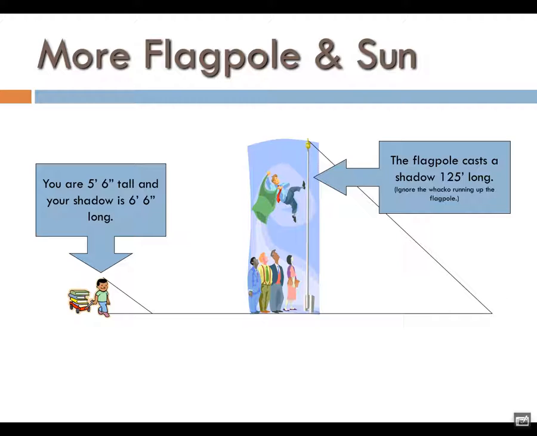So you are how many inches tall? 66 over 78. And then I set the 1,500 on the bottom, the denominator, that's the height of the flagpole in inches, and then put X on top and then cross multiplied.